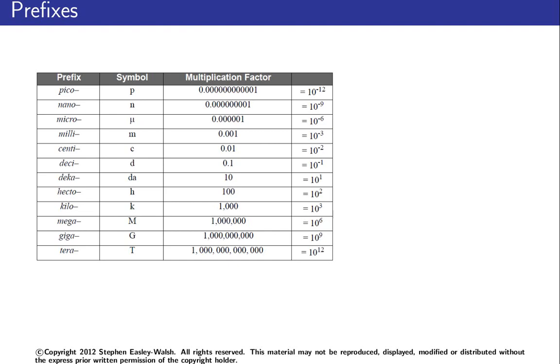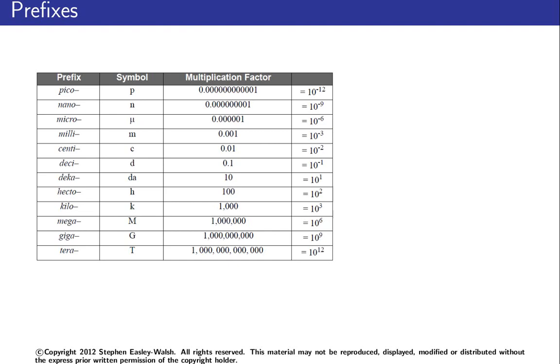You are free to make any units, any size you want using these. So for example, there's terabyte, gigabyte, megabyte, and kilobyte. But of course, if you wanted to, you could have hectobyte or decabyte. Or for example, meters, you could have nanometer, micrometer, millimeter, which you would know too.